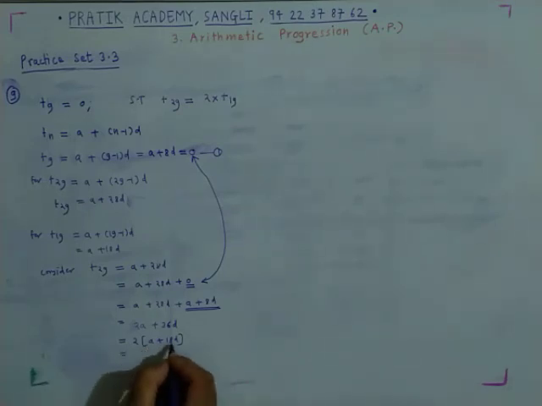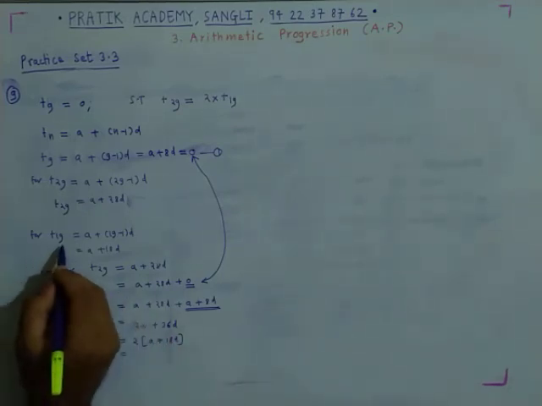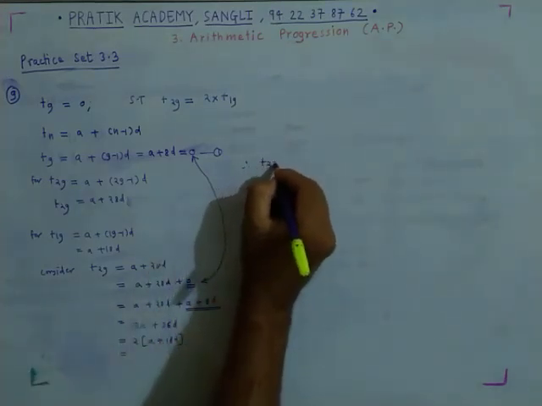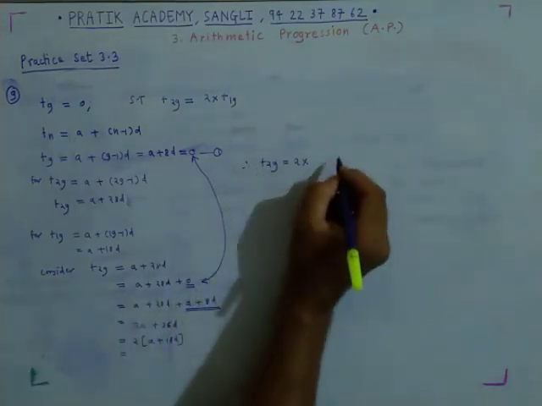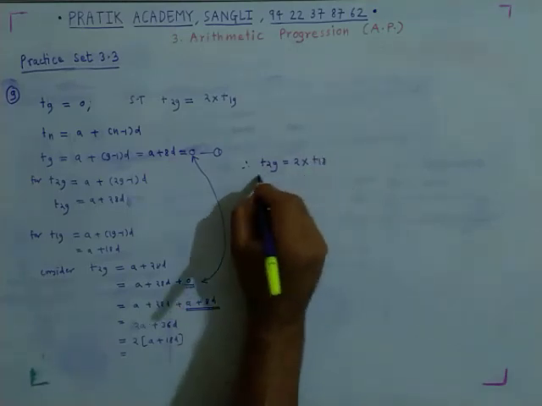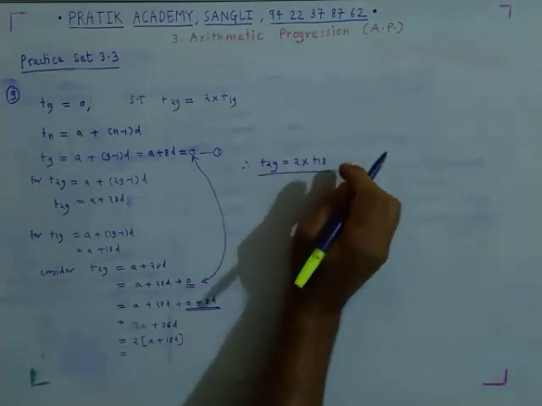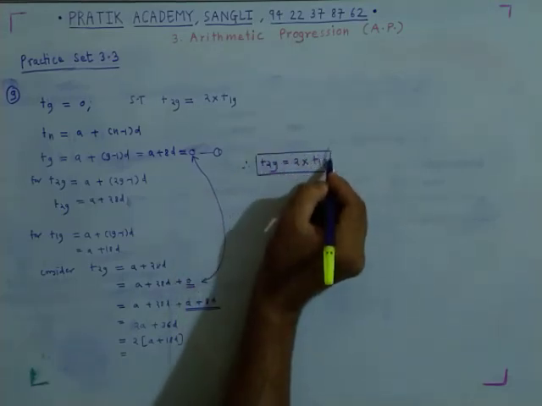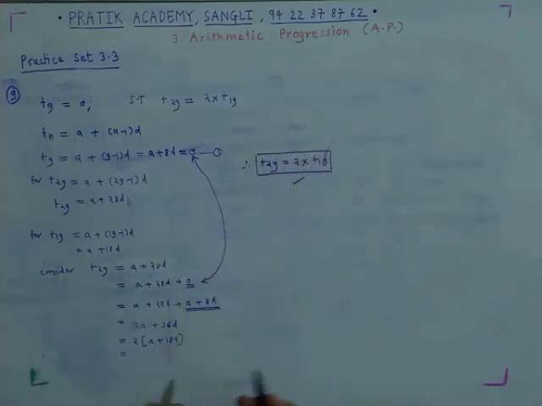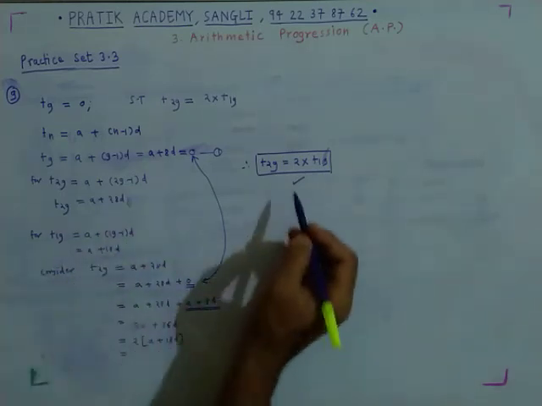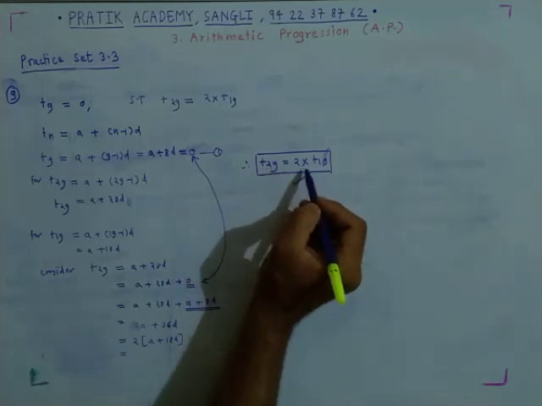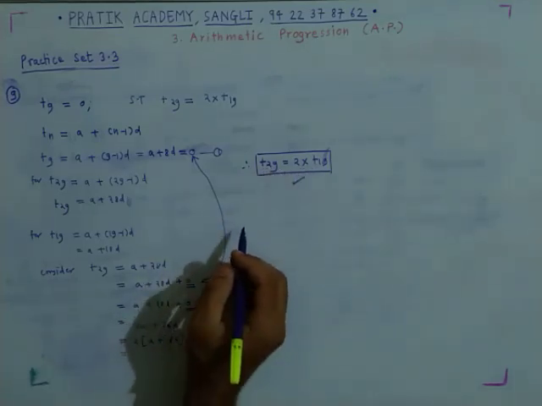So what is a plus 18d? a plus 18d is the 19th term, therefore t29 is equal to 2 into t19. So this is our required answer. a plus 18d means the t19 term, so we have proved here t29 is equal to 2 into t19.